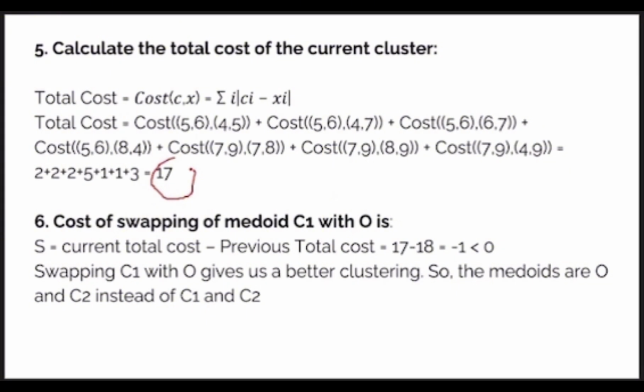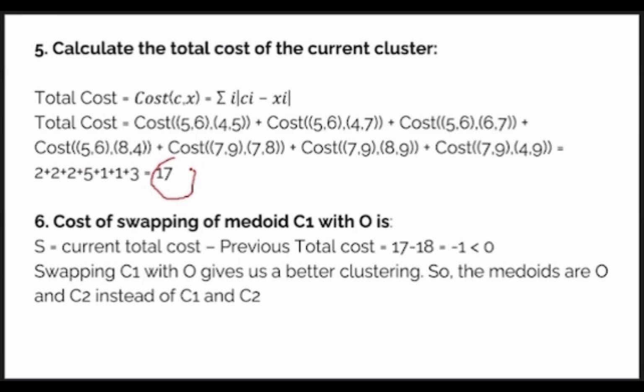That was why I said the cost of swapping Medoid C1 with O, which is the current total minus the previous one, is less than 0. So swapping C1 with O will give us a better clustering, because the lower the total cost, the better the quality of the clustering. Does that make sense? Okay, that is the way it is.